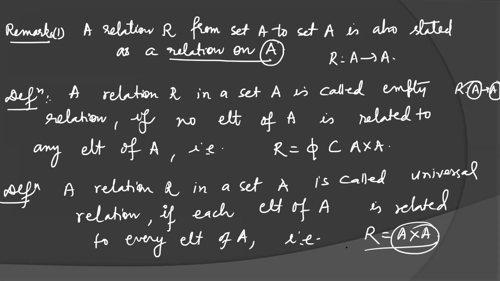And both of these, phi and A cross A, are called trivial relations. A new name for both of these: trivial relations.